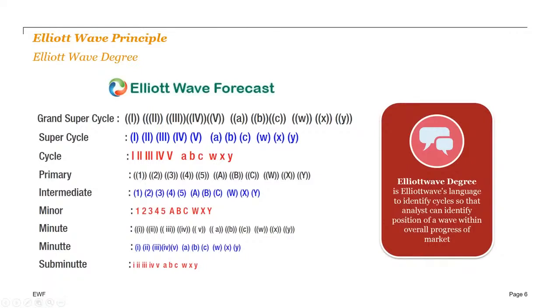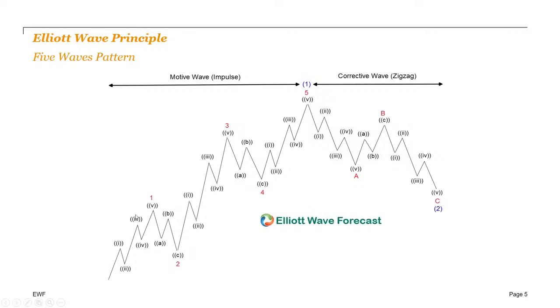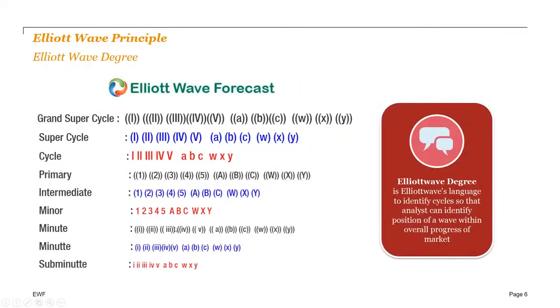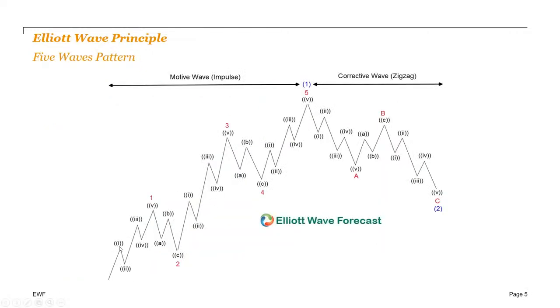The black here is 1 degree lower than the red. In other words, this is the internal of the red degree. The red degree is minor degree, but the black degree is 1 degree lower, which is the minute degree. And if you really want to peel off again, every wave, if you insist, you can always subdivide it again.